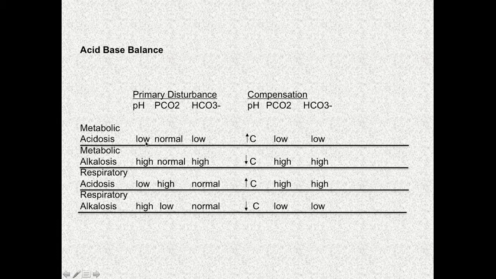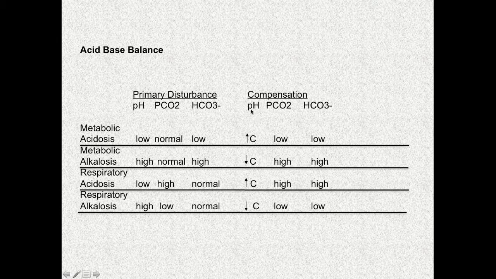Okay? Now, when we look at the compensation, and of course this is going to be compensated by the respiratory system because the metabolic system is not available. When this gets compensated, it's a little bit less obvious who is causing the acidosis because both PCO2 and HCO3 are not within normal limits.